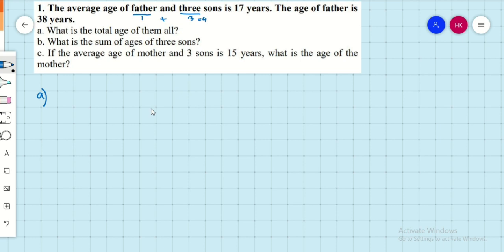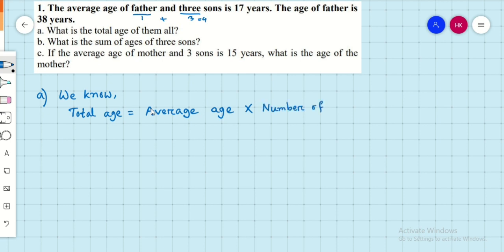Total age, so we know total age is equal to average age times number of persons.